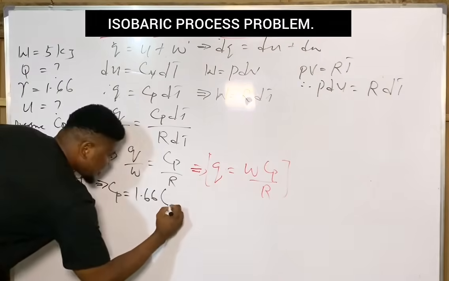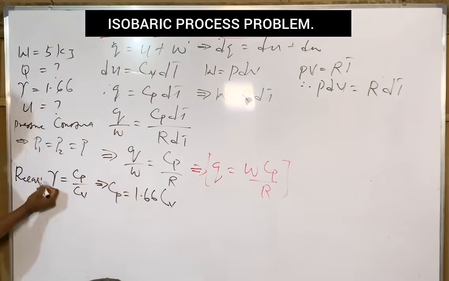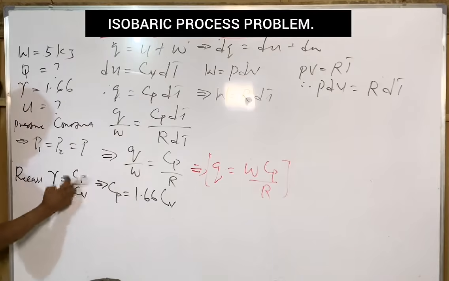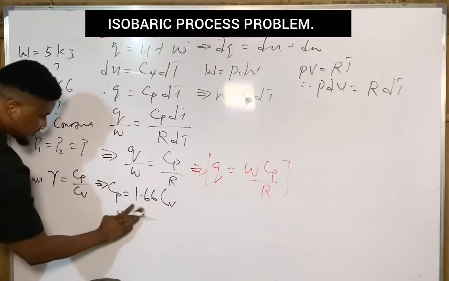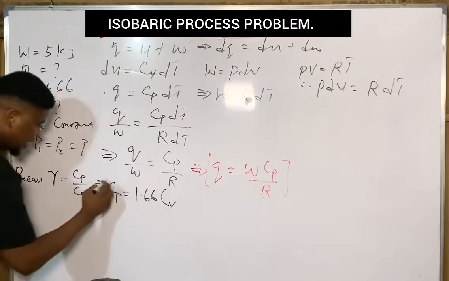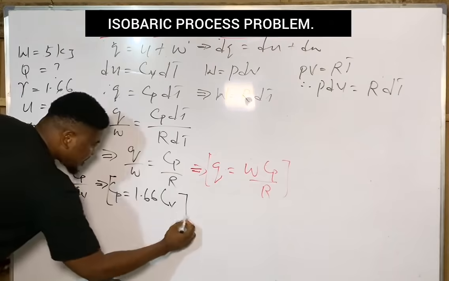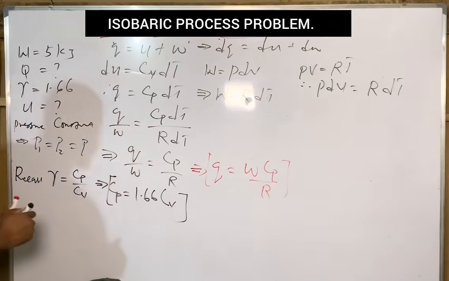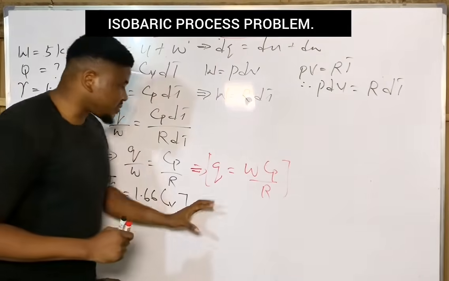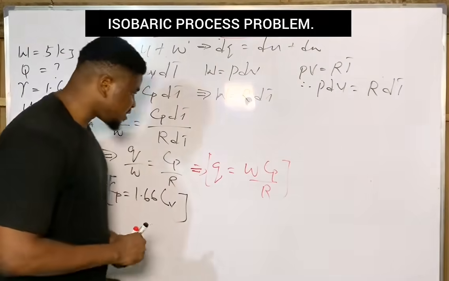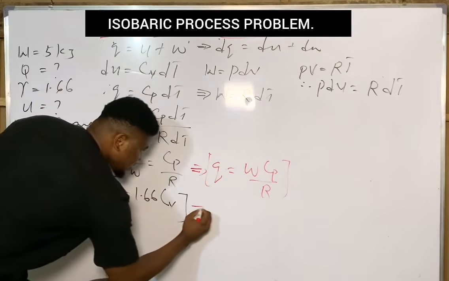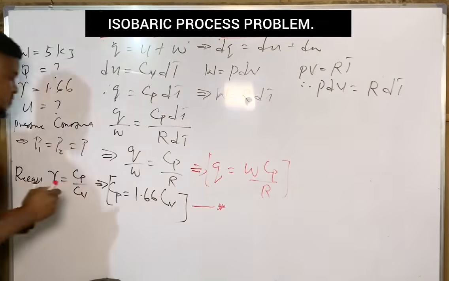Gamma is 1.66, so Cp equals gamma times Cv, which is 1.66 times Cv. You can plug that into this equation if you wish. Let's call this equation star.